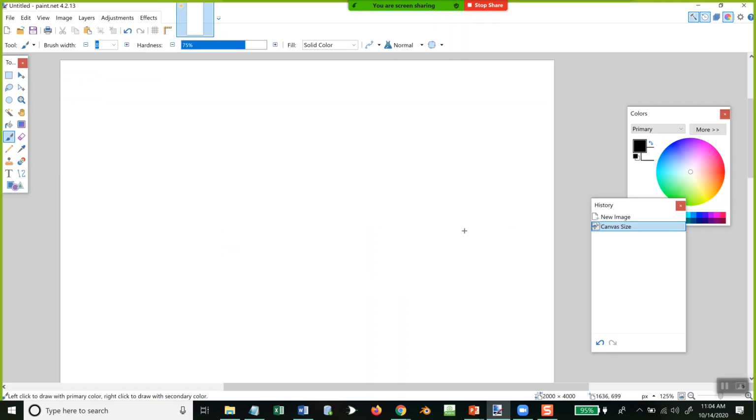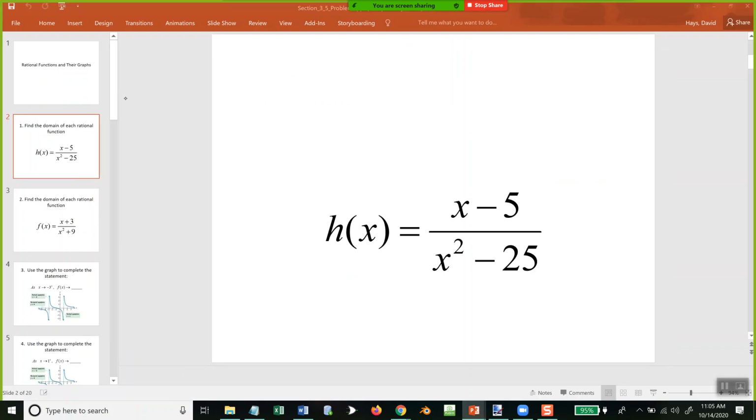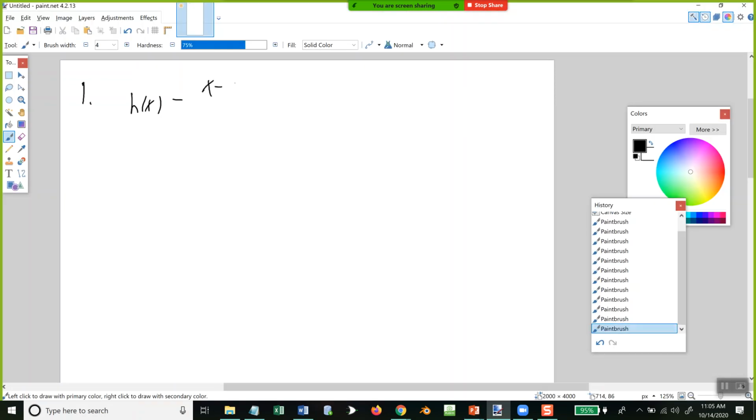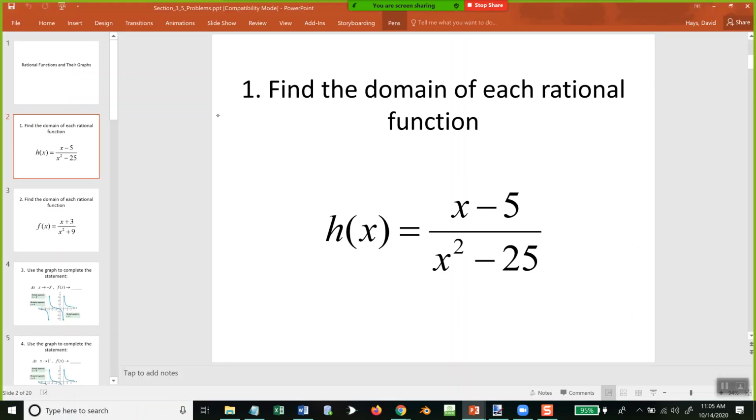So let's take a look at our first problem. H of x is equal to x minus 5 over x squared minus 25.